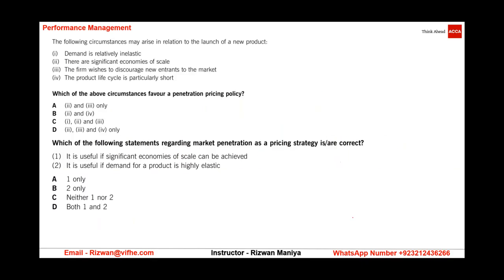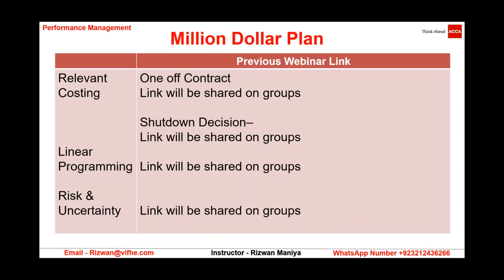Section A, OTs. These are given in the presentation. I'll share this presentation right after the class. So you have to solve all these, okay? $1 million plan will be given to you as well in relation to how to cover relevant costing, one-off contract, shutdown decision, linear programming, and risk and uncertainty.